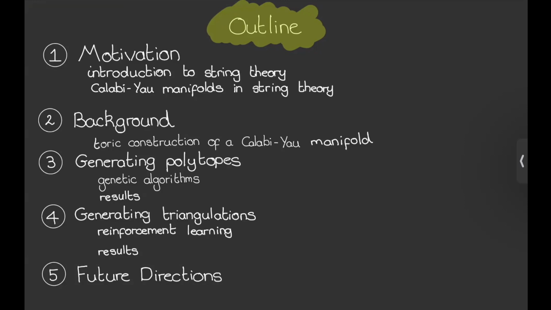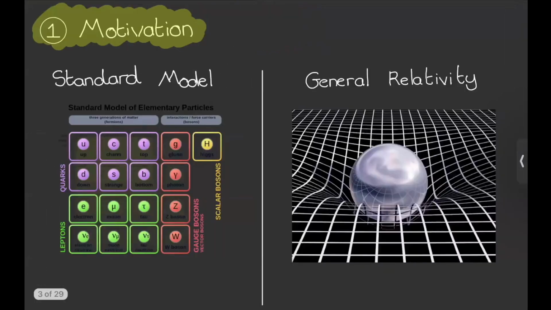First, generating polytopes with genetic algorithms, and after that, generating triangulations of these polytopes using reinforcement learning. Hopefully I'll have a couple of minutes at the end to comment on the end goal and future directions of the project. Please do stop me at any point for questions, either unmute or I'll try to remember to look at the chat if there are any questions there.